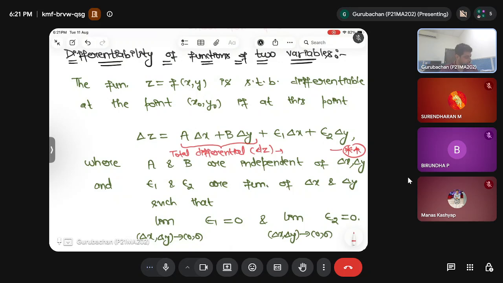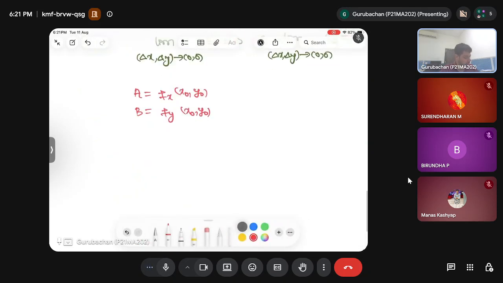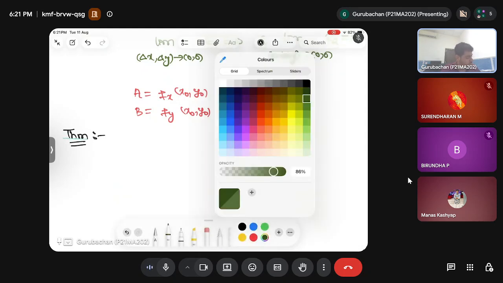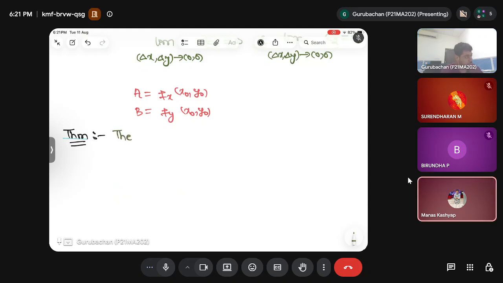Now what will be the necessary and sufficient condition in this case? The function should be continuous, and the partial derivatives fx and fy should exist.